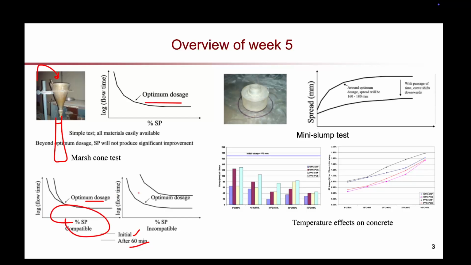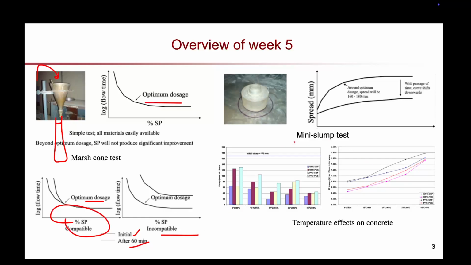But if you have a completely different curve at the initial time and after 60 minutes, then it is an incompatible superplasticizer. That means the superplasticizer is not compatible with the binder or concrete you are using at that particular time.